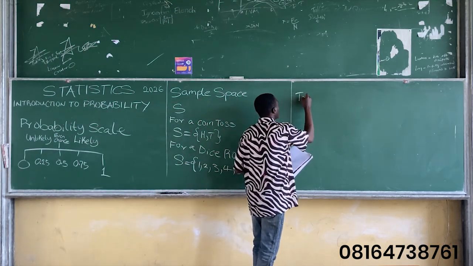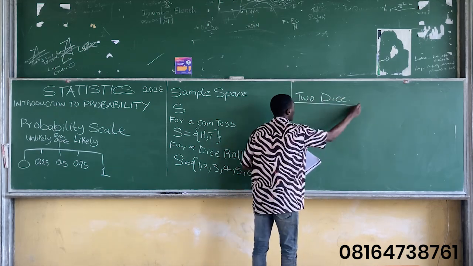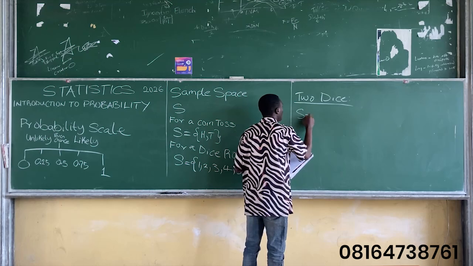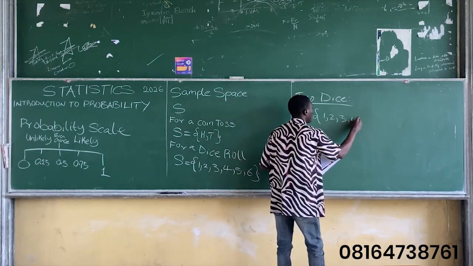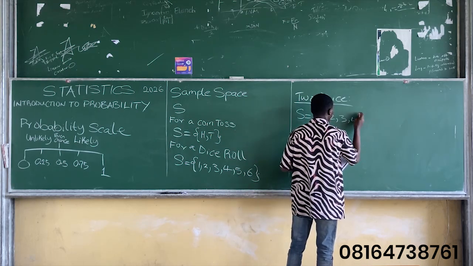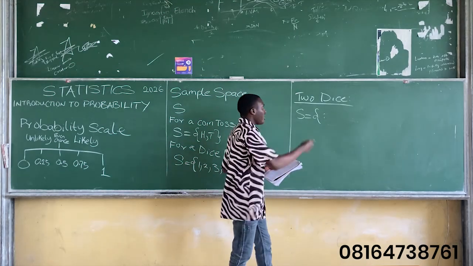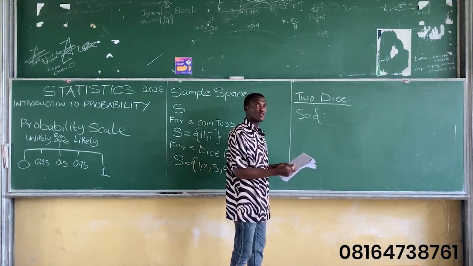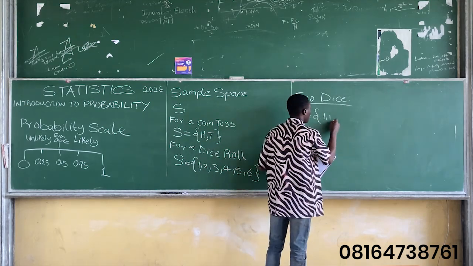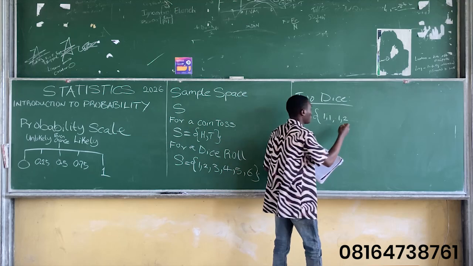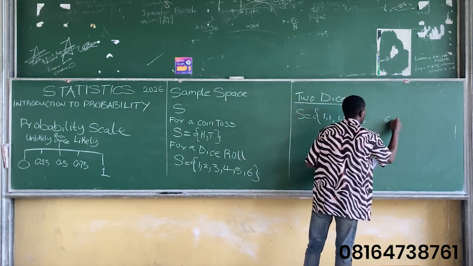For 2 dice, when we toss 2 dice simultaneously, we have 1, 1 as one sample point, we have 1, 2 as another sample point, we have 1, 3 down to 6, 6.